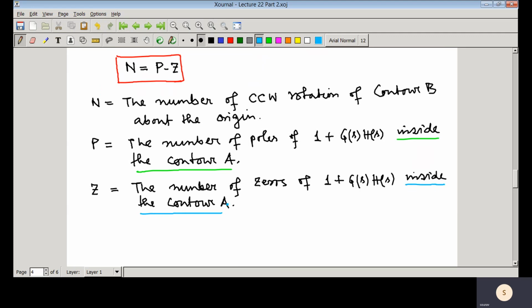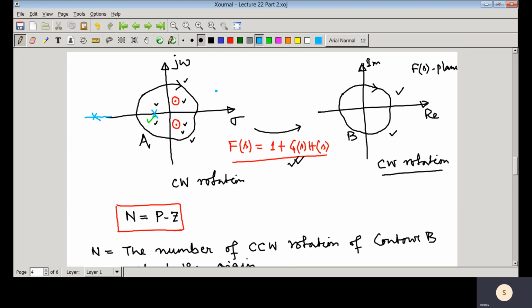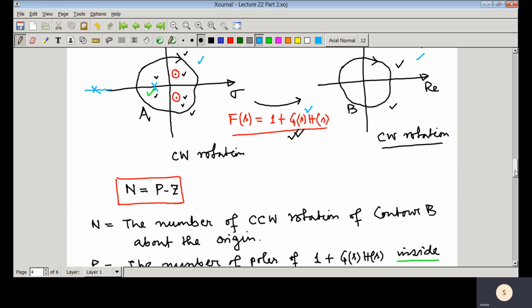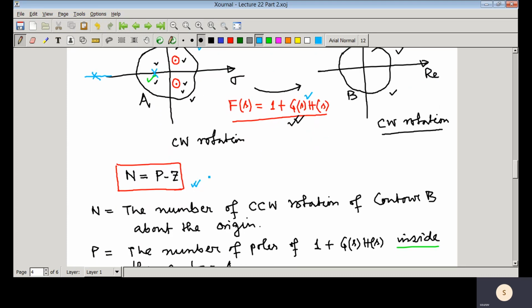It is not the total number of zeros. So what we have seen, that means whenever we are mapping this contour from the S plane to the F(s) plane, where F(s) equals a function, this particular relationship holds.